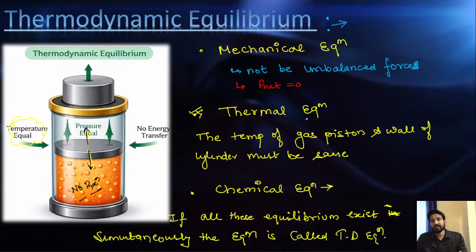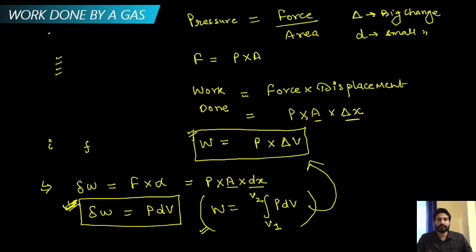It may be possible that the rate of the forward reaction is equal to the rate of the backward reaction. In that case there will be no driving force, so the reaction is not moving forward, nor is it moving backward. If all these equilibria exist simultaneously, then we can say that the system is in thermodynamic equilibrium.